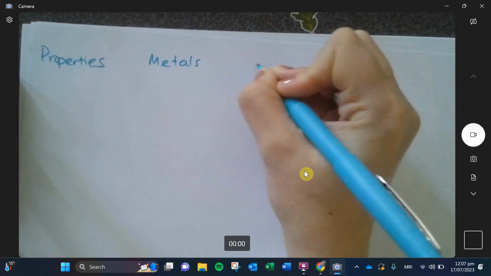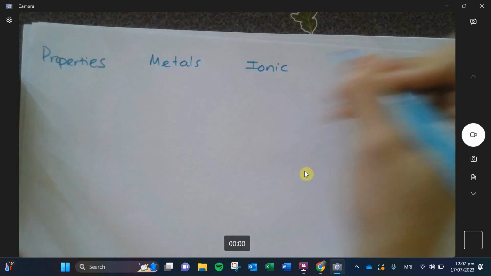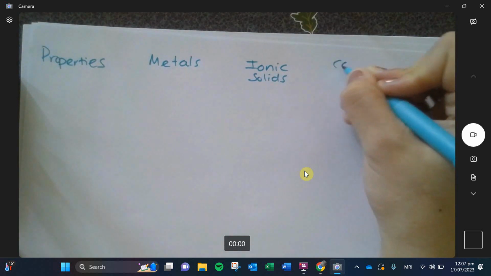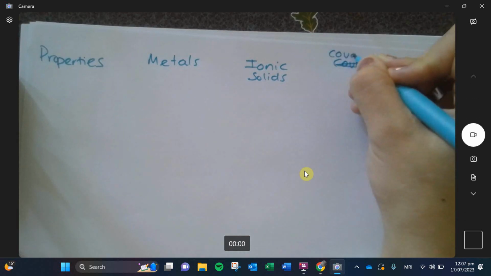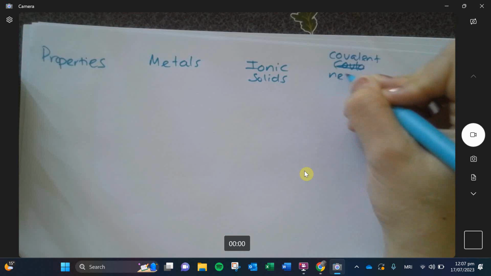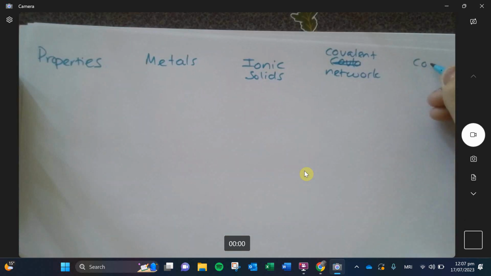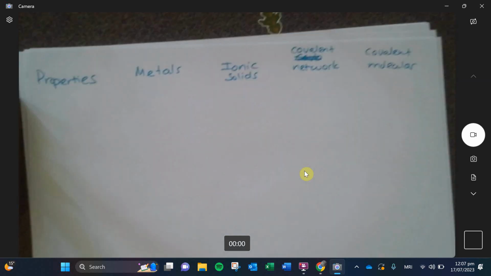We'll be thinking about our ionic solids. We'll be thinking about our covalent networks. And we'll be thinking about our covalent molecular. So all four of those, and comparing and contrasting their properties.